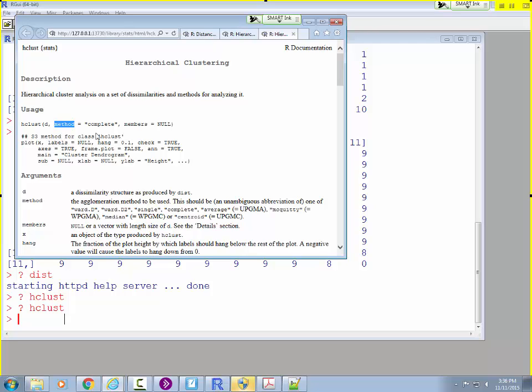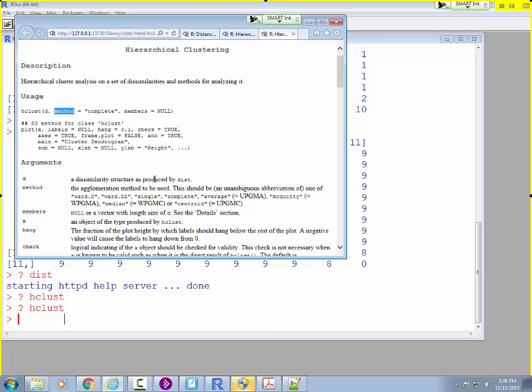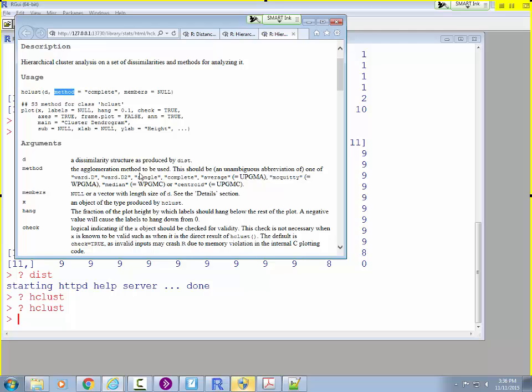By default, hclust assumes you want complete linkage. So if you don't say anything, it's going to do complete linkage, but you can choose from several others, including single linkage and average linkage. Those are the most widely used. If I had to pick one, I would pick average linkage. I think you can find examples where one will do something interesting relative to the others, but there's not a perfect reason to generally pick one over the other. So I would tend to pick average linkage.